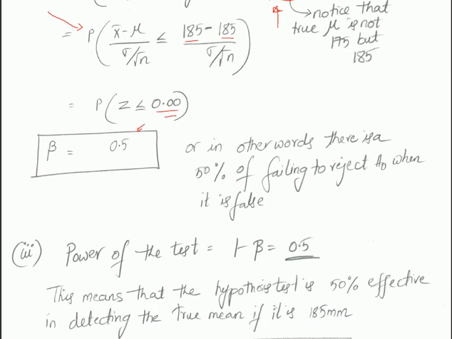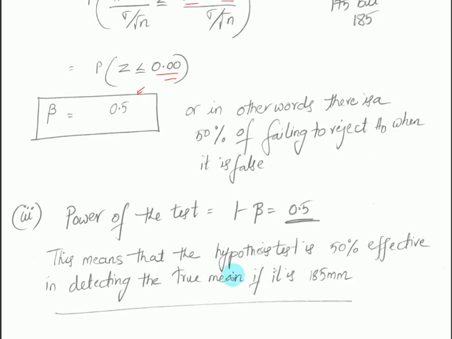The power of the test is very straightforward: it is 1 minus beta, so 1 minus 0.5, which also happens to be 0.5. All that really means is that this hypothesis test is only 50% effective in detecting the true mean if it is 185 mm. So that is how you compute the alpha error, the beta error, and the power of the test.